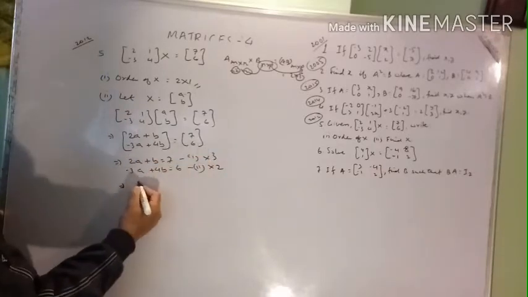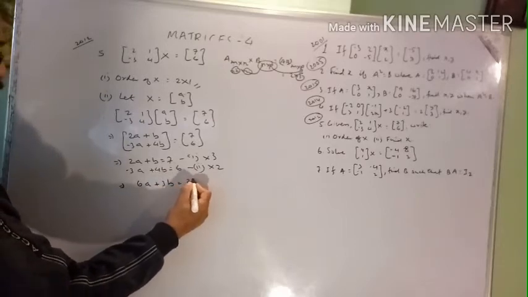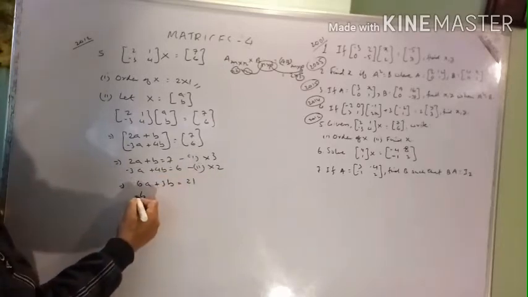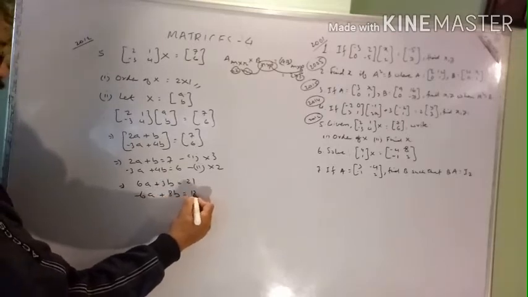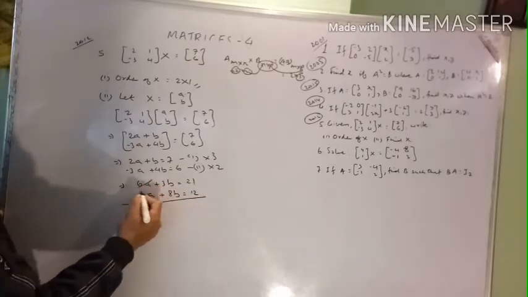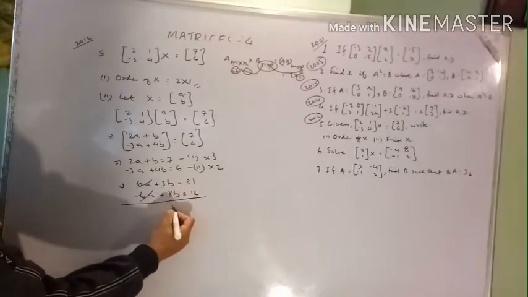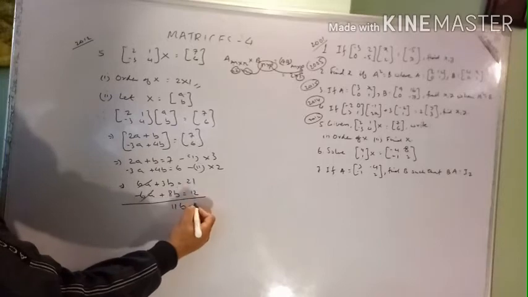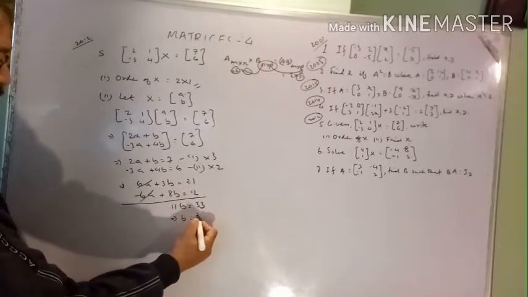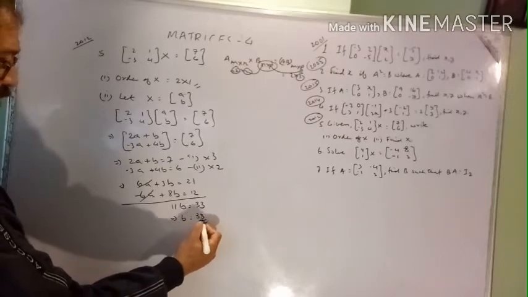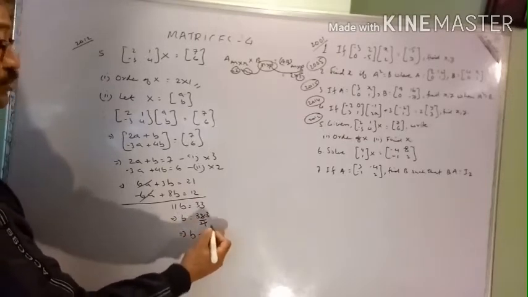So 6A plus 3B equal to 21, and minus 6A plus 8B equal to 12. Since signs are opposite, we can cancel here. 8 plus 3, it is 11B equal to 33. So B equal to 33 by 11, that is 3. So B is equal to 3.